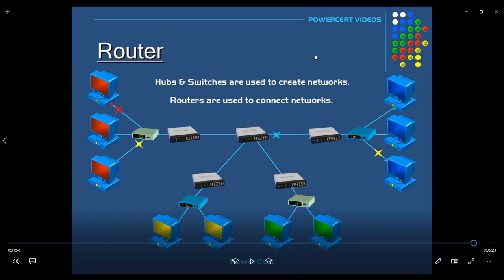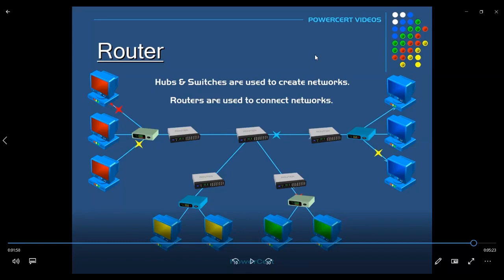Whenever you want to establish a local area network, you have to go for a switch according to the requirement, because switches have different numbers of ports. Some switches have 8 ports, some 16, some 24, and some 48 ports. According to the number of ports available, the size of the switch will vary.